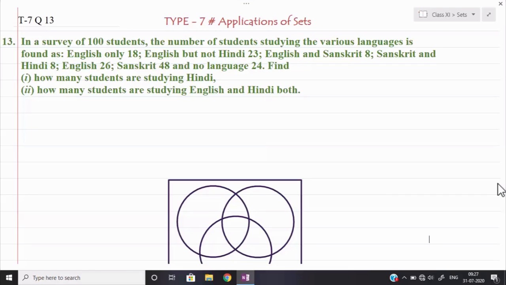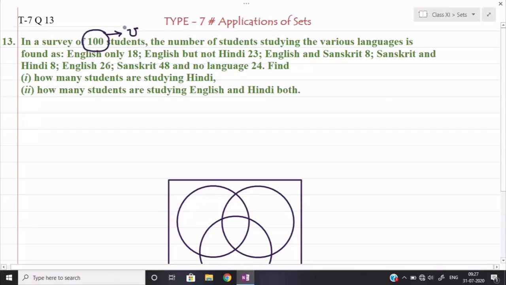So I told you earlier, if such kind of information is given which shows neither nor, meaning neither A nor B nor C, then the total number of persons given in the question shows the universal set. One thing to note over here is that we have been given the total number of persons as 100, so 100 is the value of the universal set.